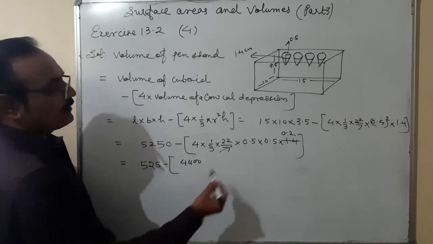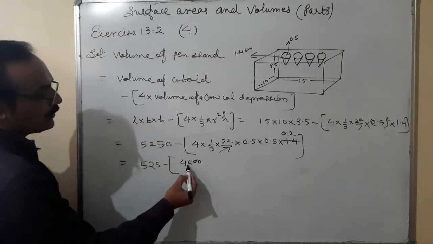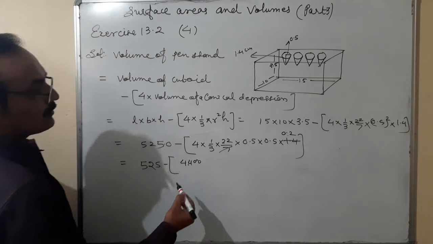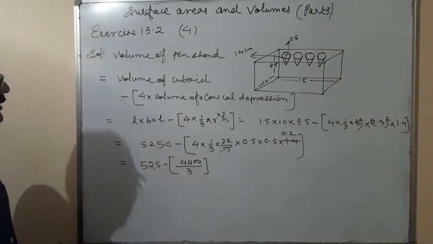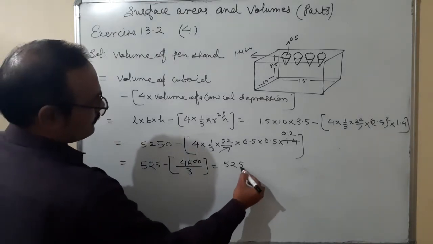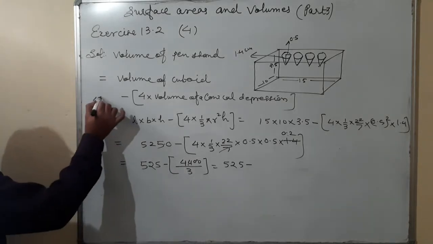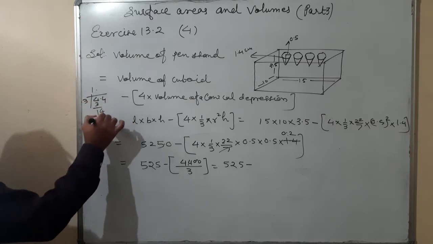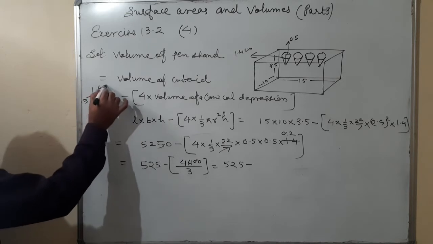After decimal, 1 number, 2 numbers, 3 numbers, so I'll write here 4.4. So 4.4 upon 3 is coming here. 525 minus 4.4 upon 3. 3 1 is 3, 1.3 4 is 12, 3 6 is 18.